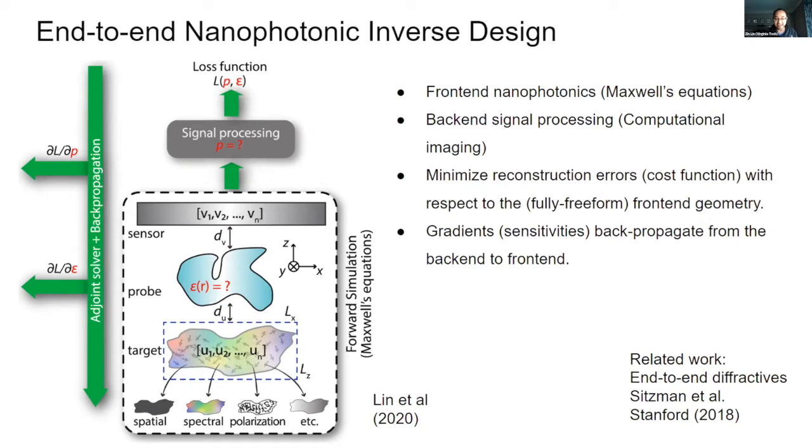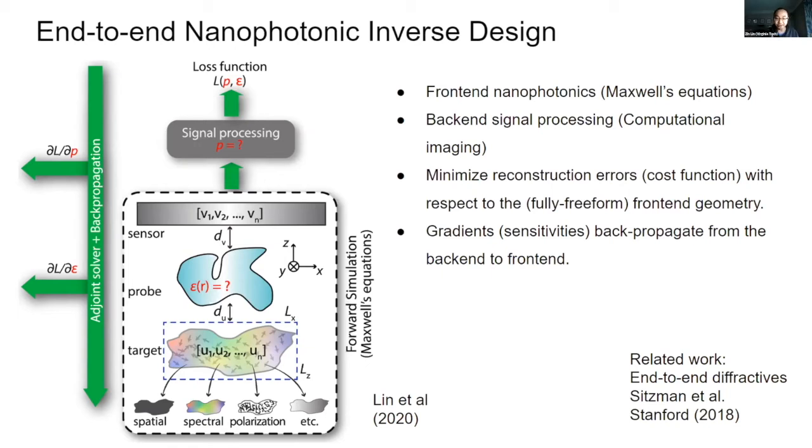Now the key here is that we are going to simulate the entire pipeline, which is the physical front end and the signal processing backend, from end to end, okay? And the physical front end is not going to be lenses, mirrors, or ray optics elements, but really the full-wave Maxwell equations where we know how to do inverse design, such as topology optimization, for example.